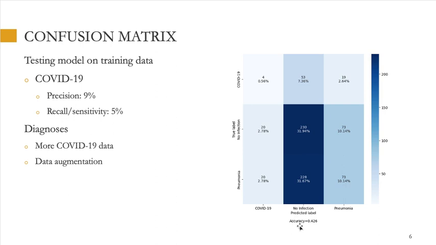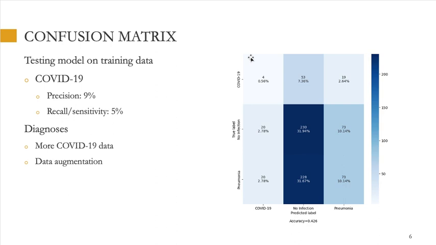In particular, on the top left corner, we see how the model performs on the COVID-19 data, and on the COVID-19 data, it has a precision of 9% and a recall of 5%, and these are particularly low.